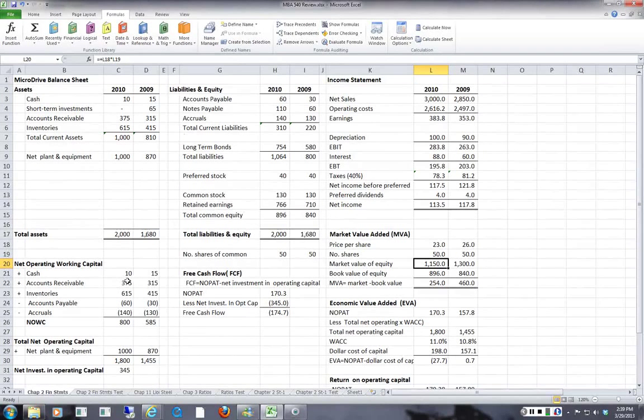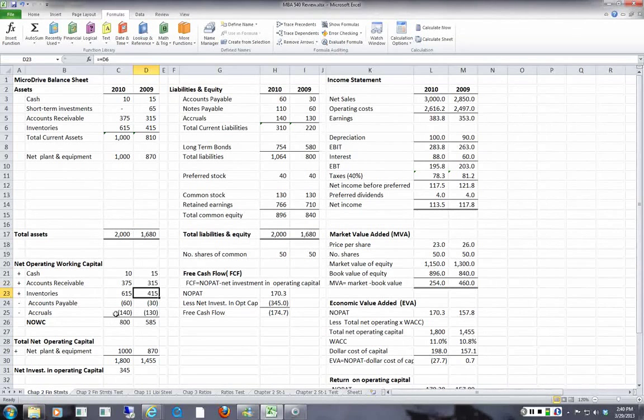So in order to do that, we want to take net operating working capital, and we're going to pull down. You can see we took the $10 in cash, $375 in accounts receivable, and $615 in inventories. And then we did the same for the $15,000, $315, and then $415. You can see we left off that short-term investment because that really is not an operating part of the business.